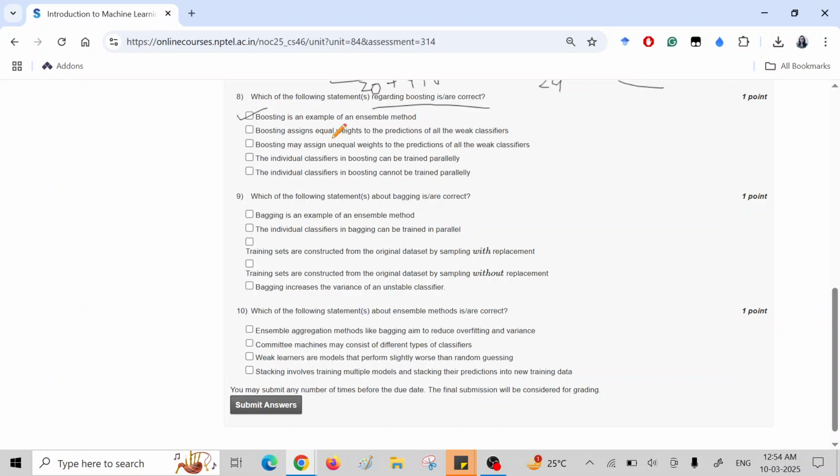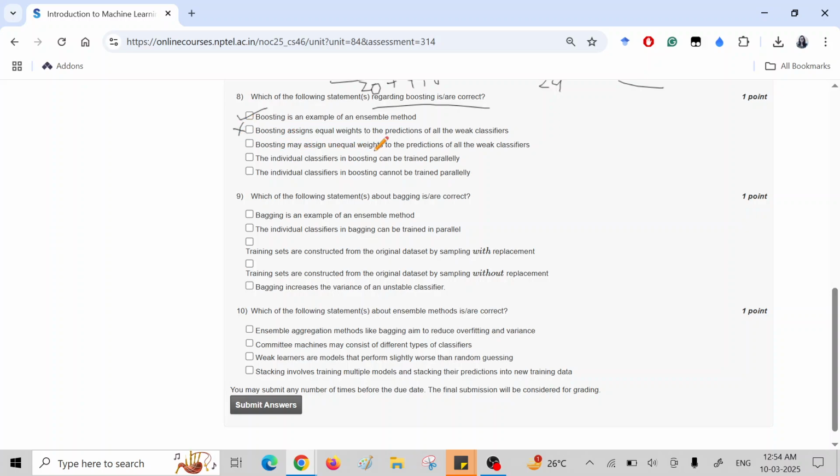Boosting assigns higher weight values to the wrong predictions or mistakes of the current weak classifier, and for the next weak classifier, those data points that were mistakes by the current classifier will have a higher weight value than the correct predictions. So the second option is wrong.